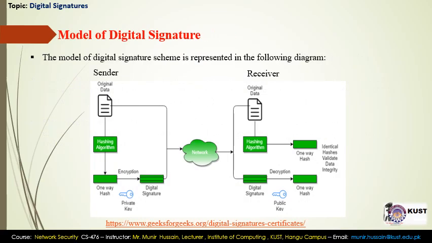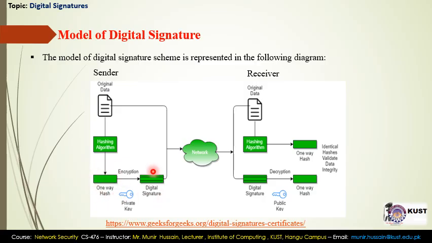Model of digital signature. The model of the digital signature scheme is represented in the following diagram. In this diagram, we have two parties: the sender and the receiver. First, the sender takes the original data or message and passes it through the hash algorithm in order to find the message digest or one-way hash.